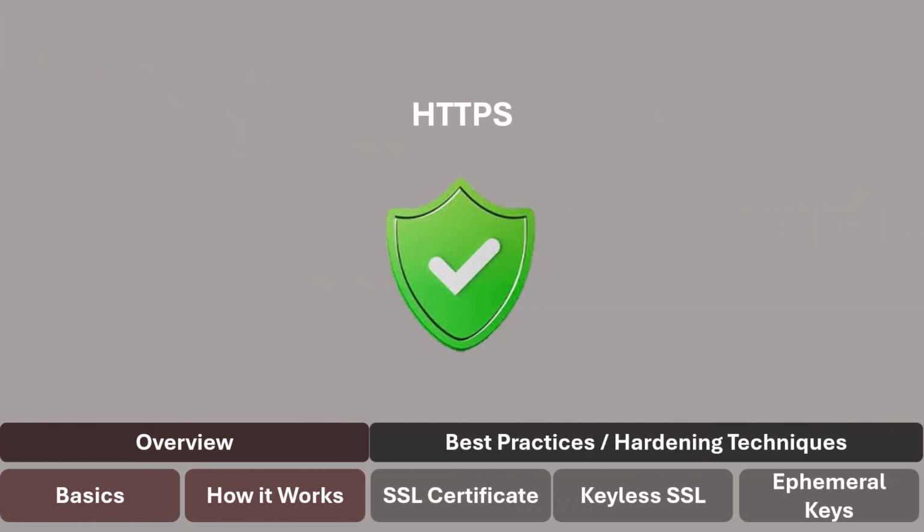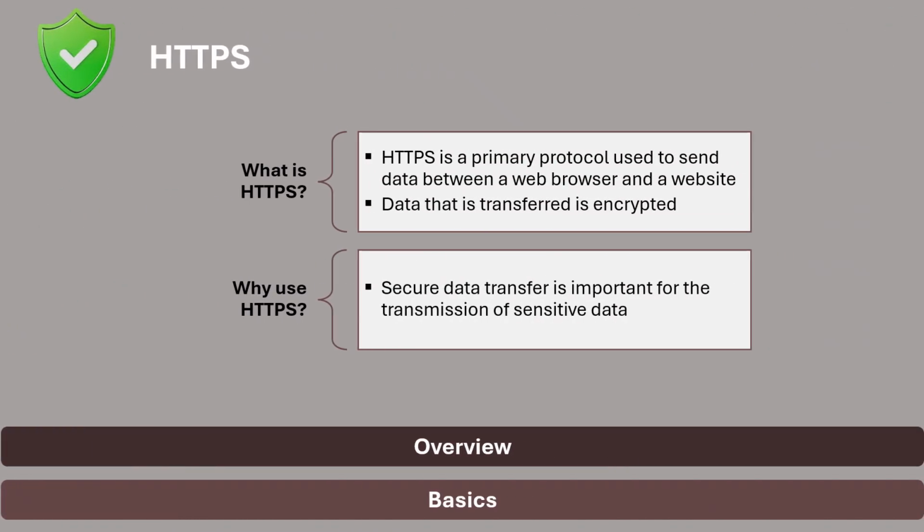We will now move to a similar review of HTTPS. HTTPS, which stands for Hypertext Transfer Protocol Secure, is a protocol used to encrypt data exchanged between a web browser and a website. It is essential for websites that handle sensitive information such as payment details, email correspondence, or healthcare records.